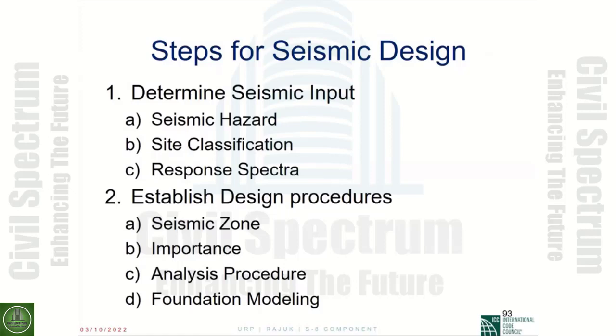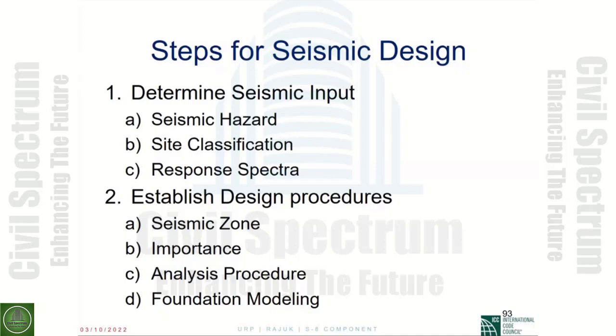For the site classification, you have to get the spectrum for that site. You have to establish the seismic zone, because as I told you before, the importance of the seismic zone dictates many things. What analysis method you have to use, what the detailing will be, what the level of the support length will be, all of these.